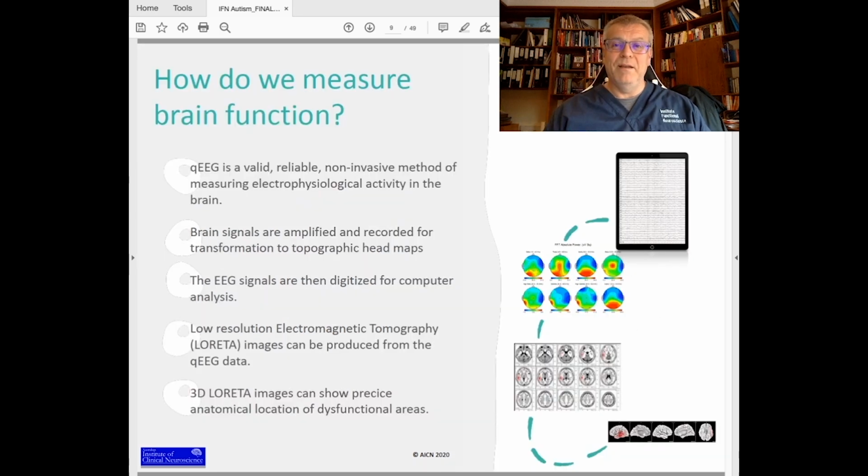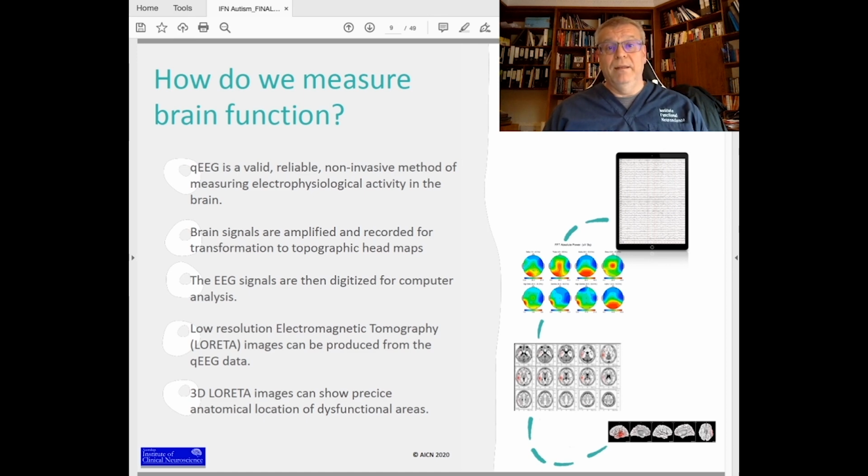In order for us to get an accurate understanding of where things are going in your brain and how your brain is functioning, we need to find a way to measure that function. And we use EEG to measure the function inside your brain. And EEG has been around for a long time.